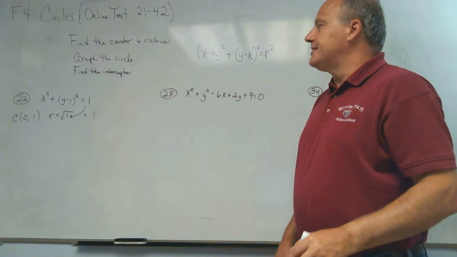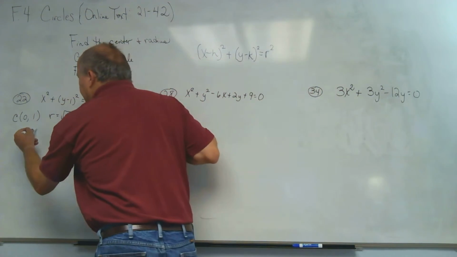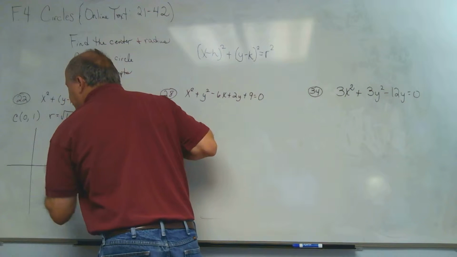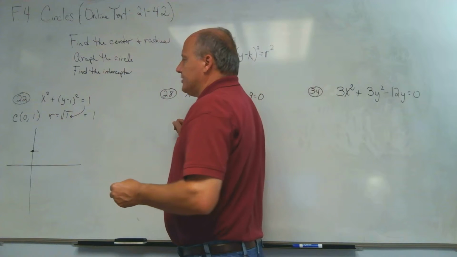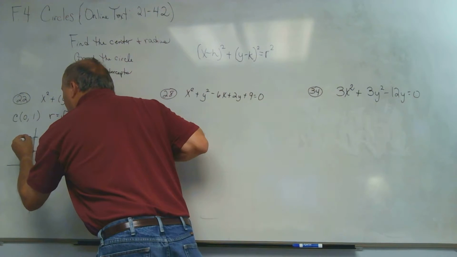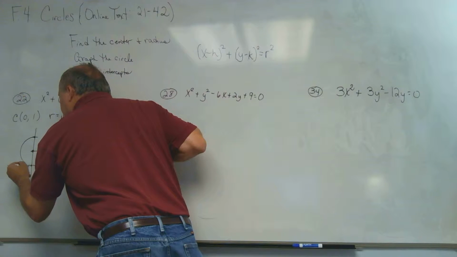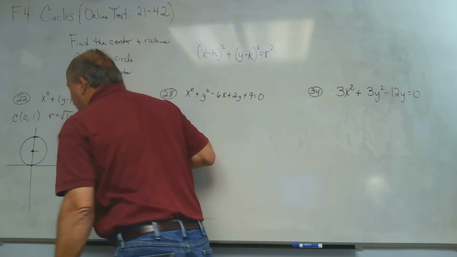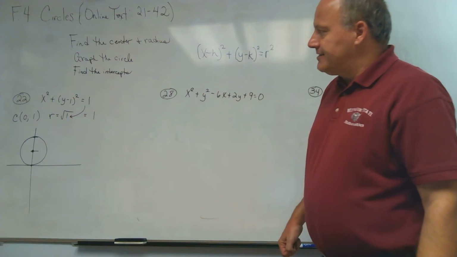So the center is at 0, 1. The radius is 1. And I can graph that. So 0, 1 right there, and the radius is 1. So count 1 unit up and count 1 unit down, and try to draw the best circle that I can. So that's about as best it gets for me.